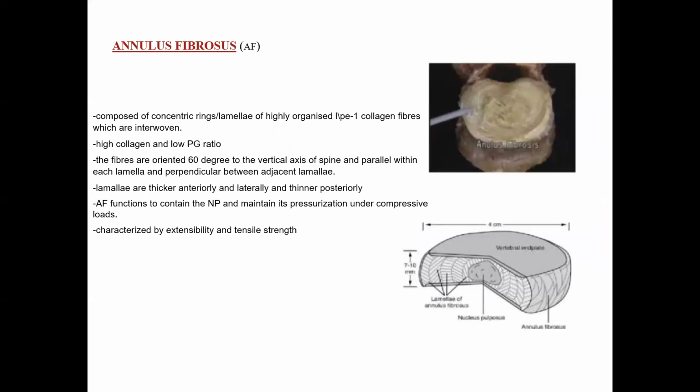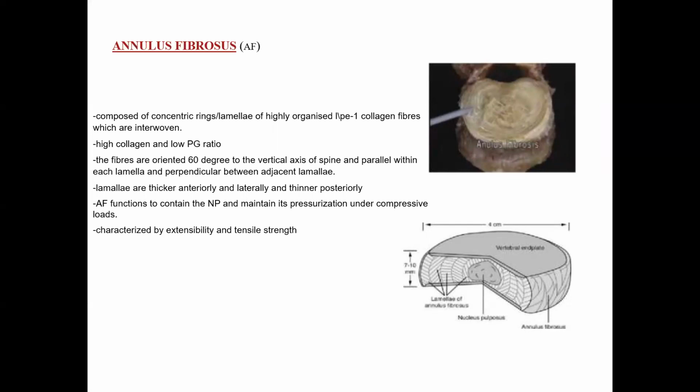Here you can see the annulus fibrosus. You can see the structure as well. Let's study the annulus fibrosus. It is composed of concentric rings of highly organized collagen fibers which are interwoven.